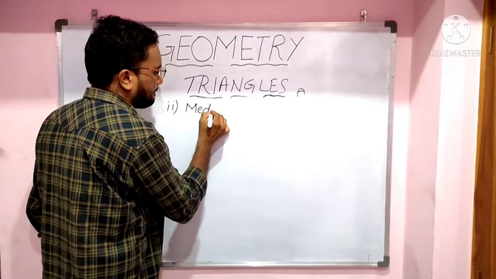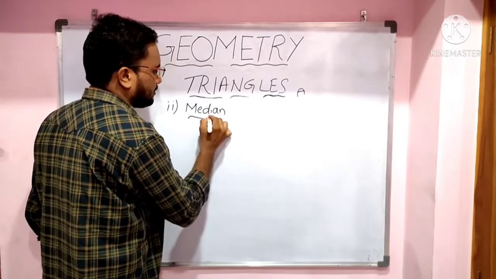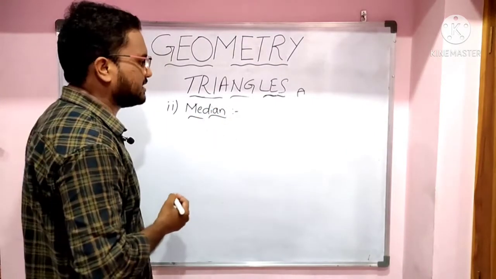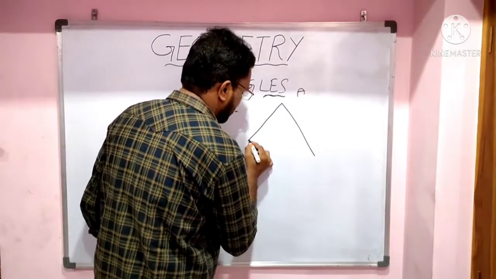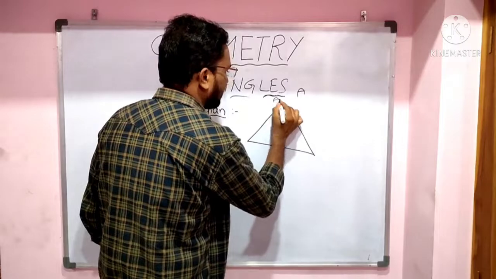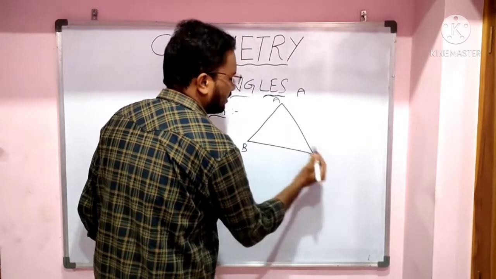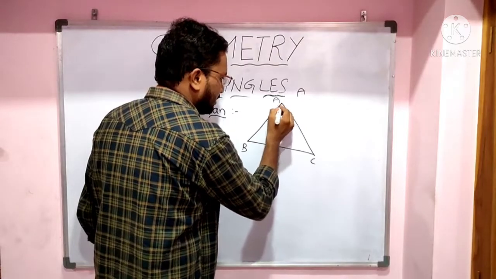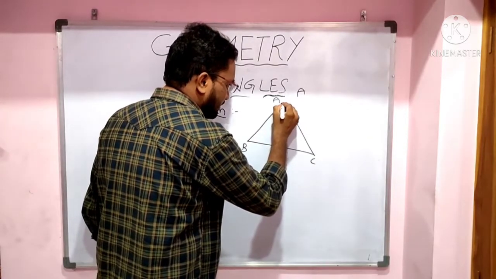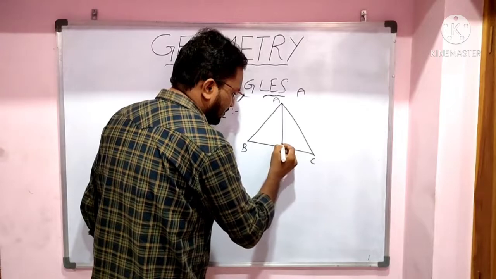Next, the second one, median. So what is a median? Let's take a triangle ABC. Median is nothing but the line drawn from the midpoint of a side to the opposite vertex.